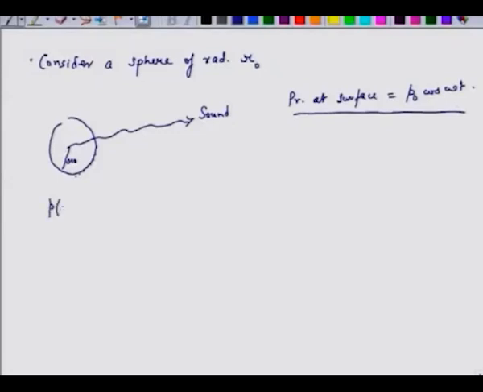So, we know that pressure for a spherical source depends on radius, and it also depends on time.